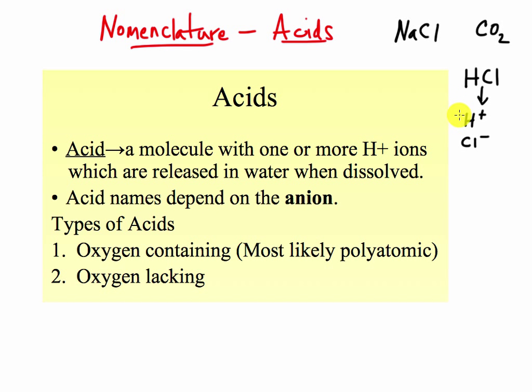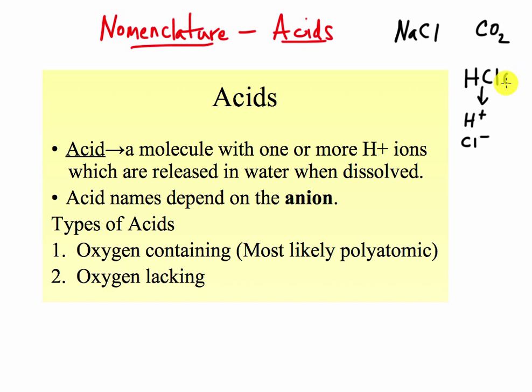Now, how do you know if it's an acid? Well, I'm going to tell you. That's how you're going to know, because the rules can be a little misleading: it looks like two nonmetals, so you could use the same naming system for molecules. So if I want you to give me the name of the acid, I will be specific and say, name the following acids.